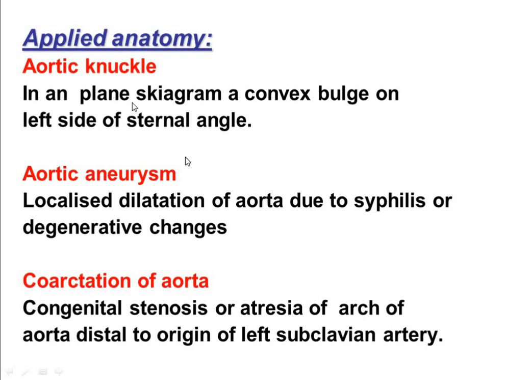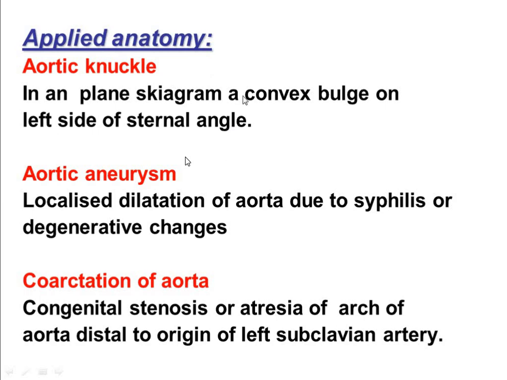Applied as well. Whenever we see a plain diagram of the chest, that is a chest X-ray, PA view, we will notice on the two sides the radiolucent areas of the two lungs.